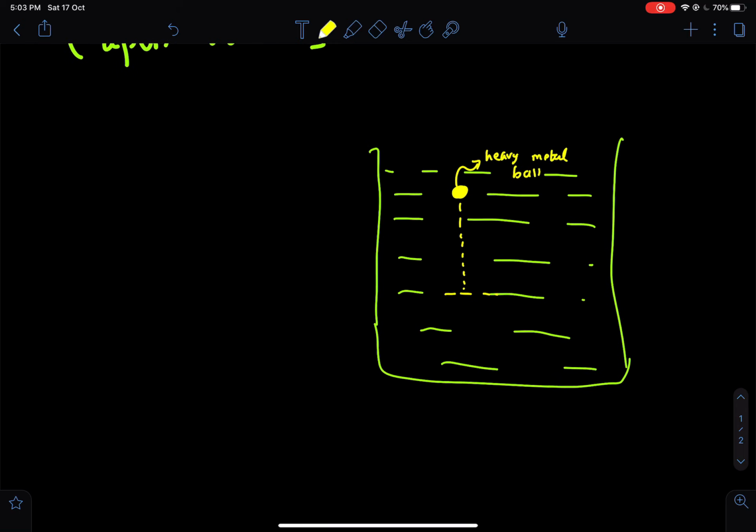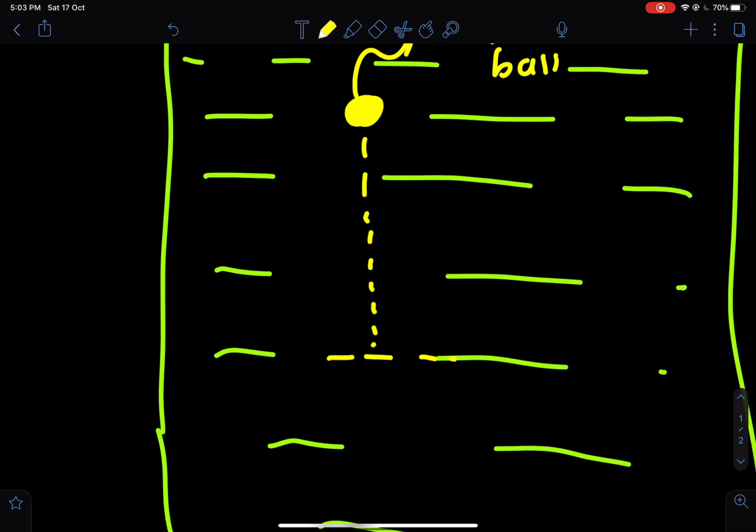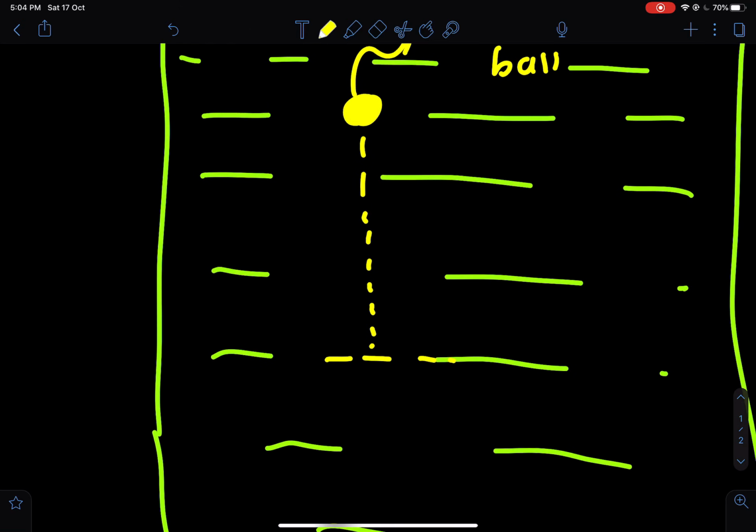You know that in case of terminal velocity, the net force is 0. But at what time is that terminal velocity reached, and after covering what distance? For that, we have to consider the time when it has not yet reached terminal velocity.